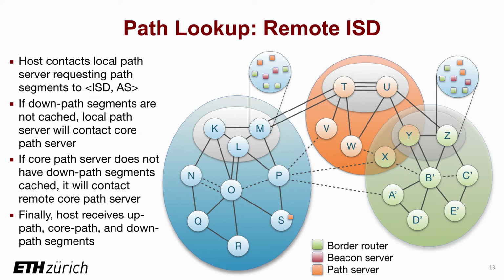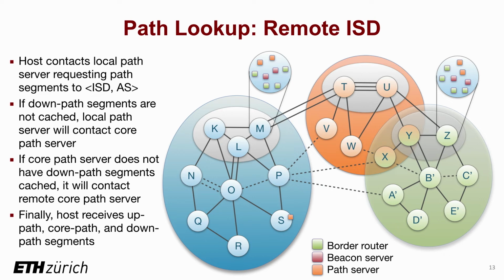If a host intends to communicate with a remote ISD, the lookup can be a bit more complex. So the host again contacts its local path server, requesting a path segment to a remote ISD and the remote AS. So in this example, we have a client in AS S that intends to communicate with a client in AS E prime within the green ISD.